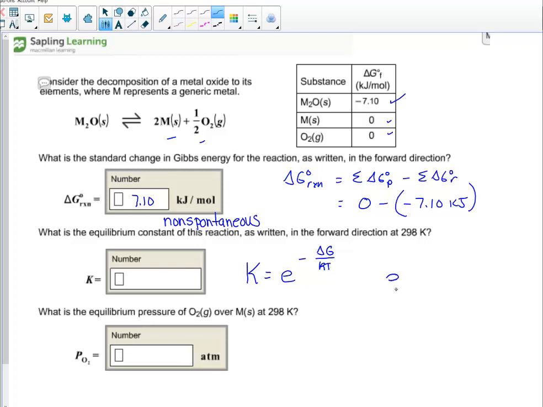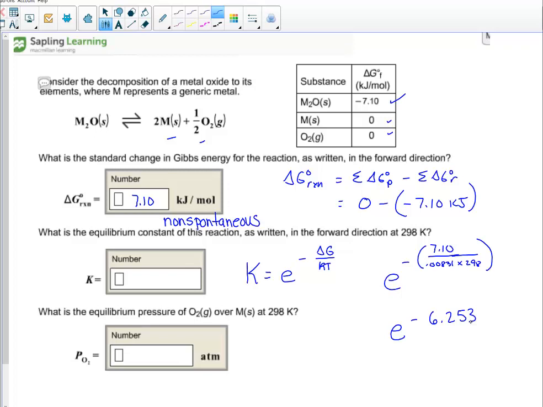So the base of the natural log, right, E raised to the negative 7.10 over 0.00831 times 298. 7.1 divided by 0.00831 and 298 gives me a number of 6.253. And that's enough there.